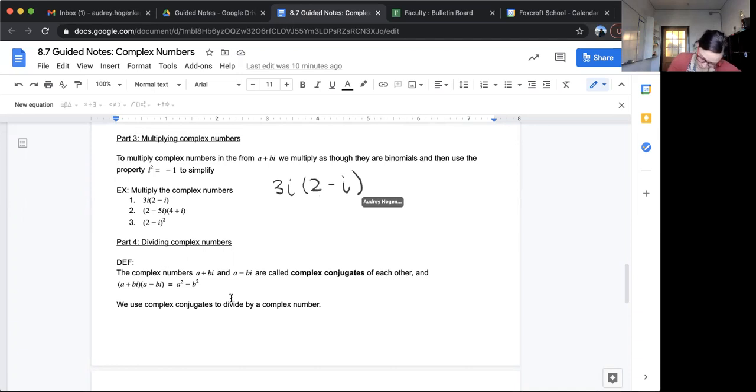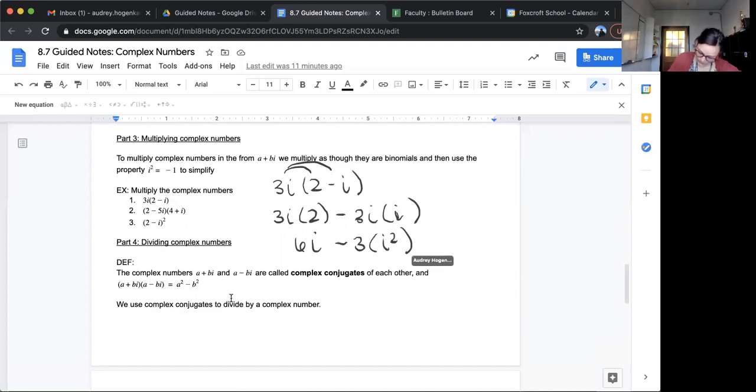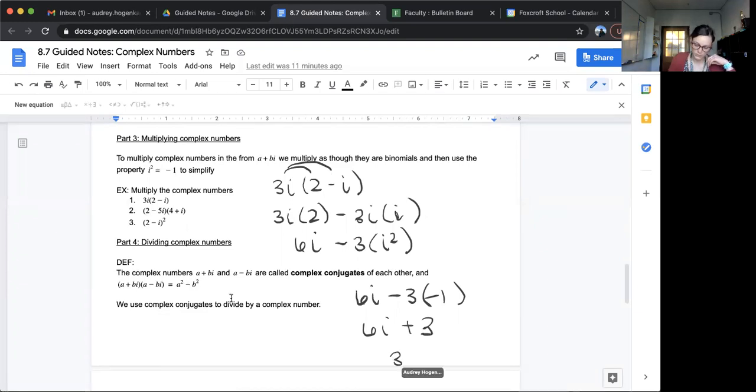We distribute that 3i: 3i times 2 minus 3i times i. 3i times 2 is 6i, and minus 3 times i squared. 6i stays, and i squared is negative 1, so we have 6i plus 3. Usually we write the imaginary part second, so we want our answer in the form of a complex number: 3 plus 6i.